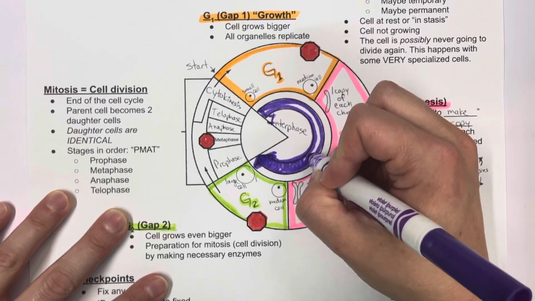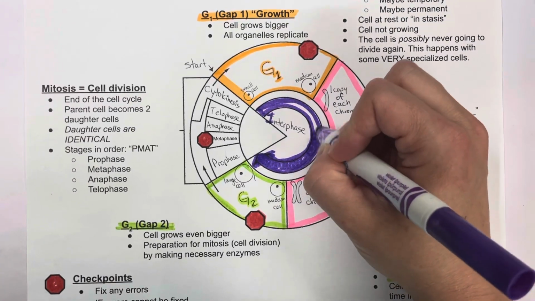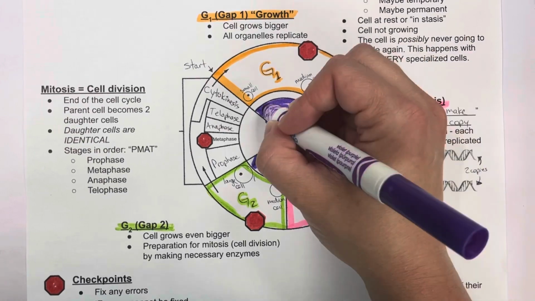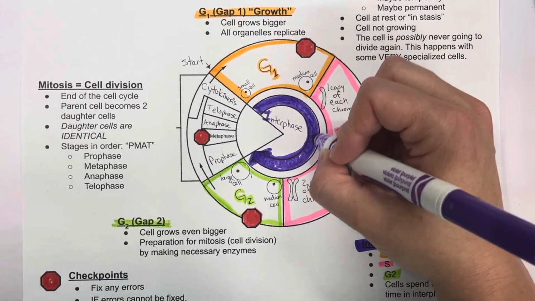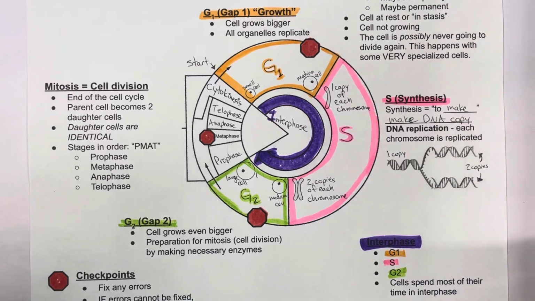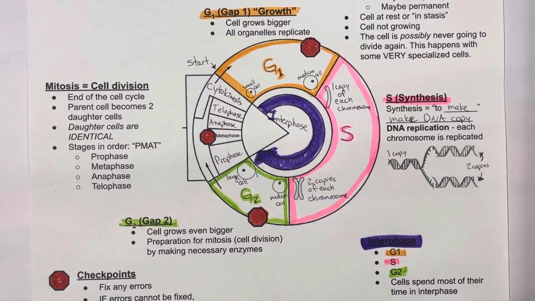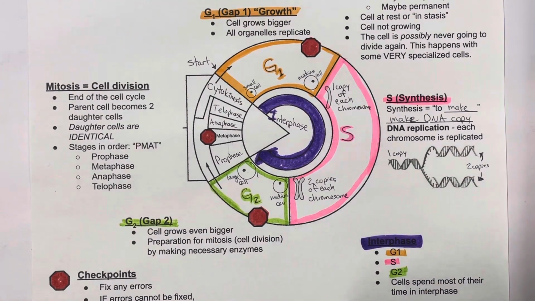All 3 of those together, G1, S, and G2 combined, make up interphase. And then we have the very end, which is mitosis.